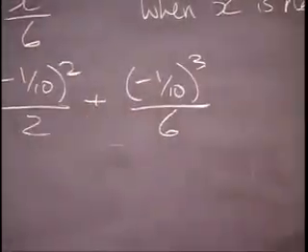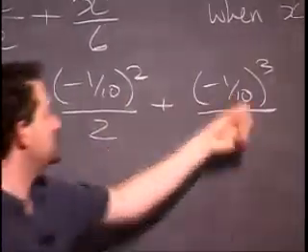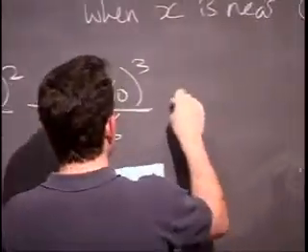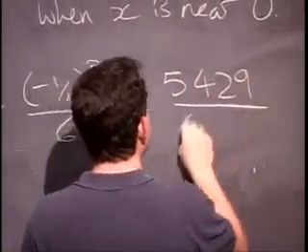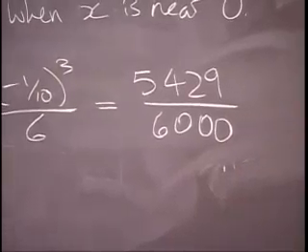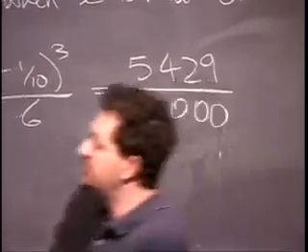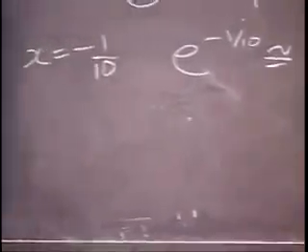And this is a simple enough fraction that you can work it out. You expand this to 1/100th and minus 1/1000th, and you find out that it equals 5429 over 6,000. You could just do that by hand. But this is a fraction that turns out to be very close to this number, and yet that's almost impossible to compute without a calculator.